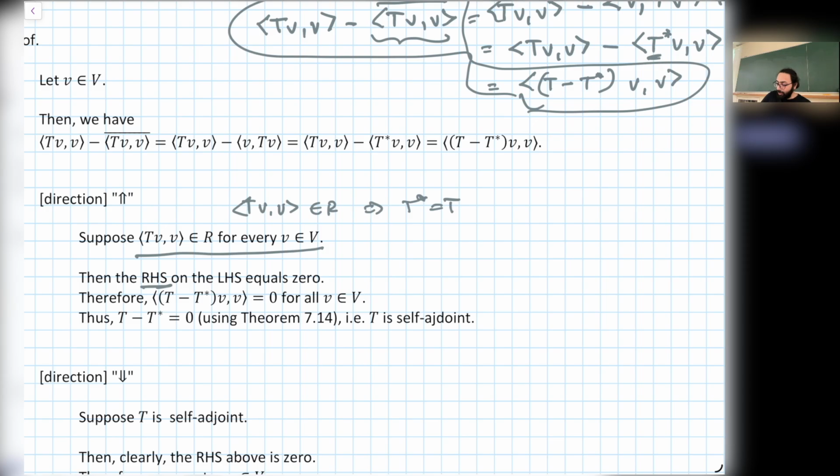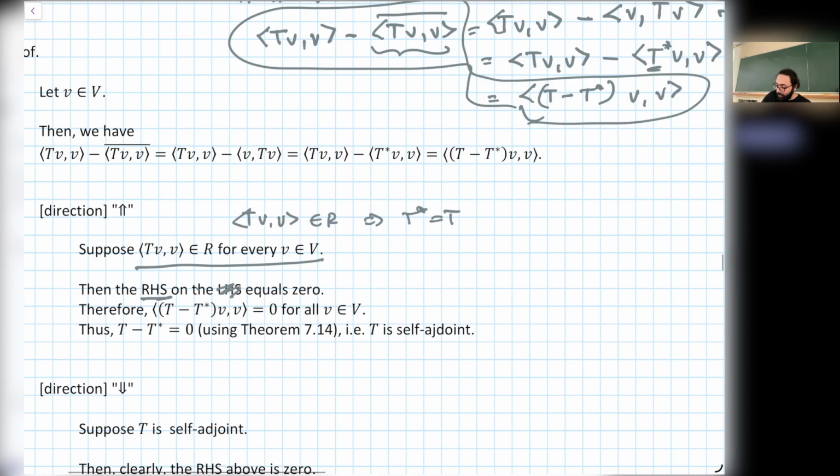The left-hand side is 0. What have I written? The right-hand side in the equation. Okay, let me write it down. So let's look at the right-hand side.